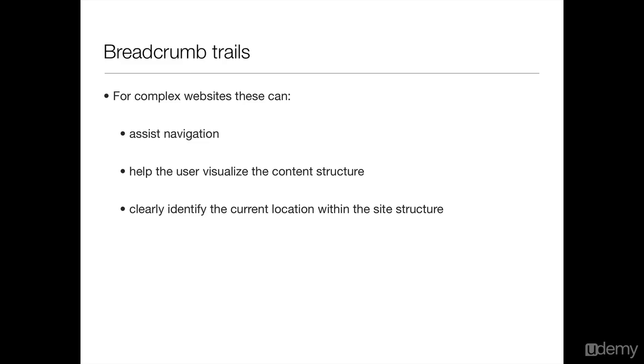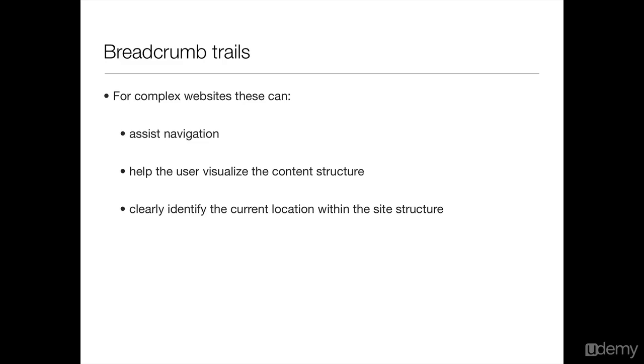If the breadcrumbs are done properly, then it'll enable someone to quickly backtrack to key points which they may want to move back to. And if they're watching that, it'll also help them visualize the content structure of the page, and so that may help them in future when they hopefully come back to the web page and look again.